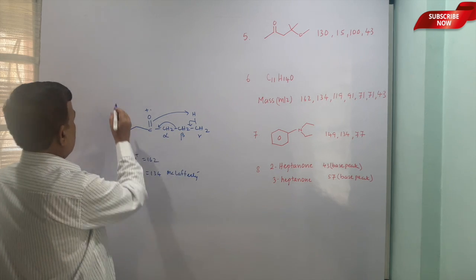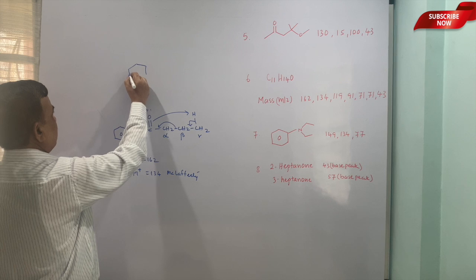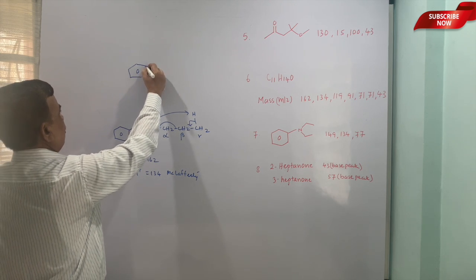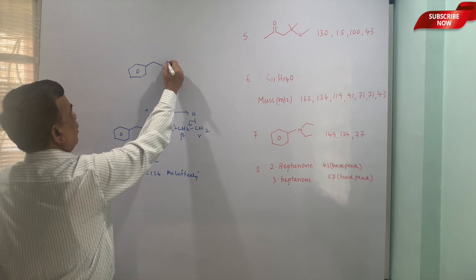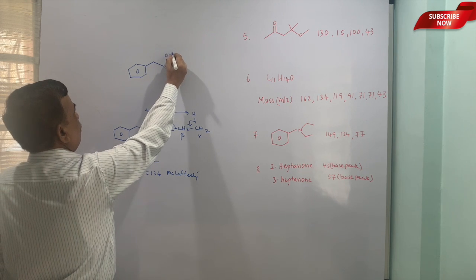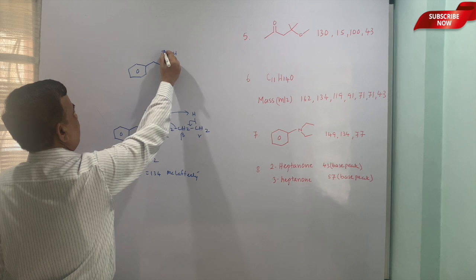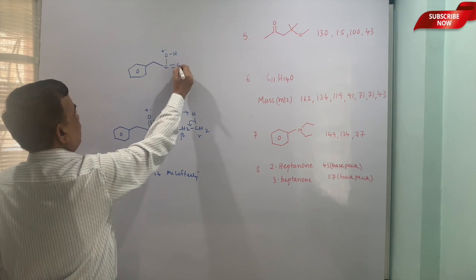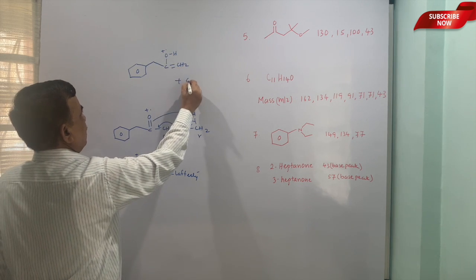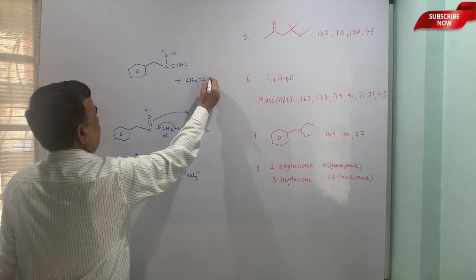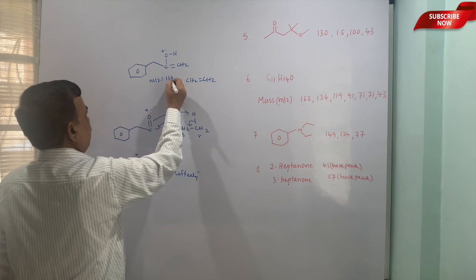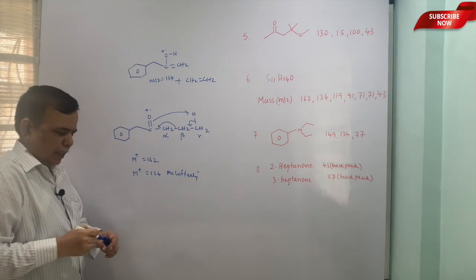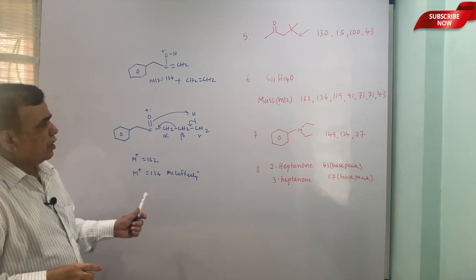So the resultant thing I will draw: C, then OH, CH2, plus CH2CH2. This is m/z equal to 134. This is 28, but anyway that is not counted. So, that is McLafferty.